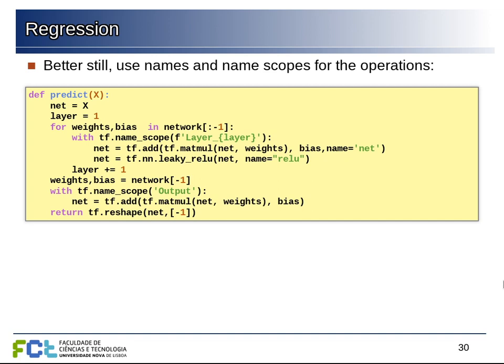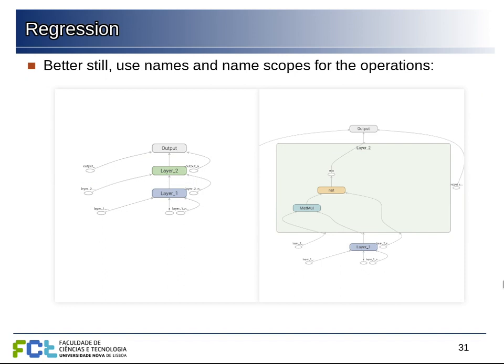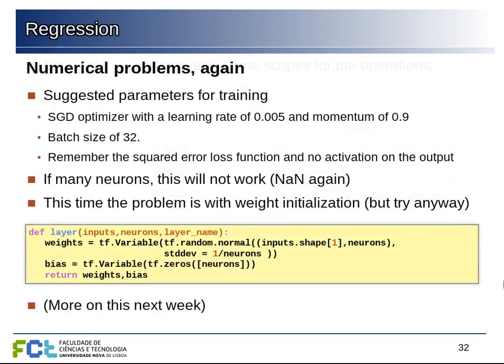And if you do this, now the computation graph is much prettier, because this is the first layer, the second layer, and so on. And you can click one of those if you want to see exactly what is inside. But when using the name scope, you can create these prettier graphs by grouping together the details of the computation.